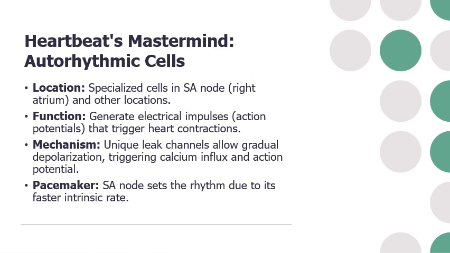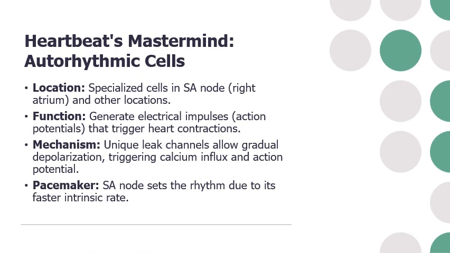Next is the heartbeat's mastermind. So I kind of pulled everything together here and made a little chart. So again, just to review, the location of the autorhythmic cells, specialized cells in the SA node, the right atrium and other locations.